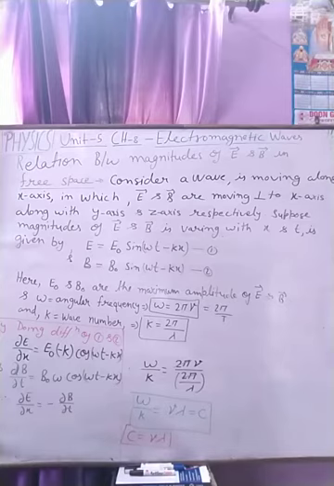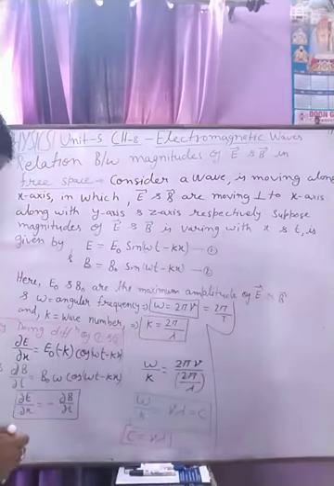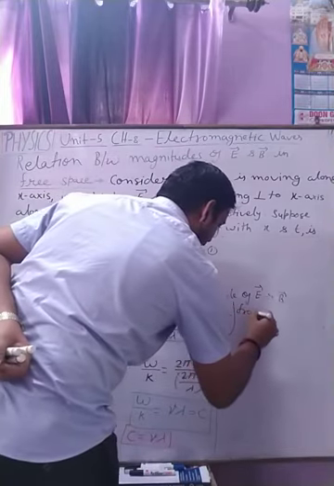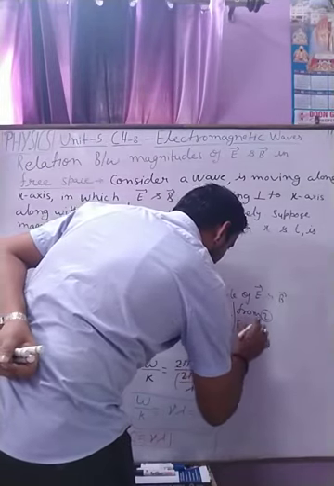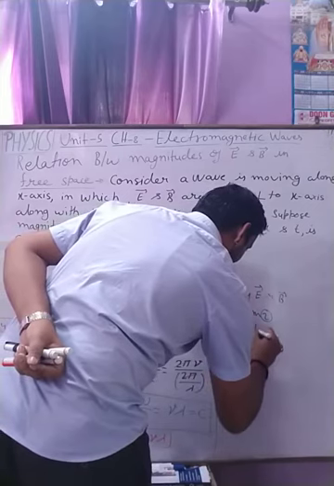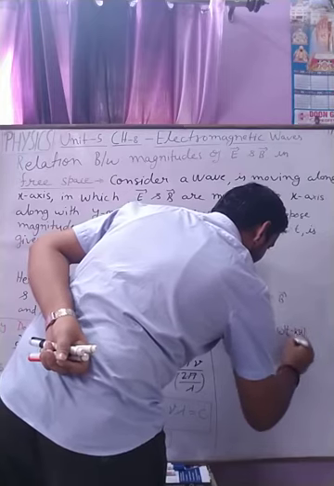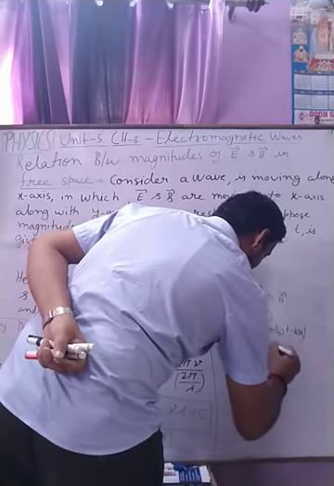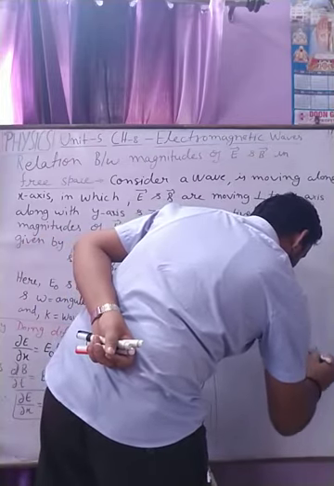By using this we calculate from here, ये हो गया इक्वेशन सेकेंड, and from equation second we find that minus E naught k cos omega t minus kx is equal to minus B naught omega cos omega t minus kx.